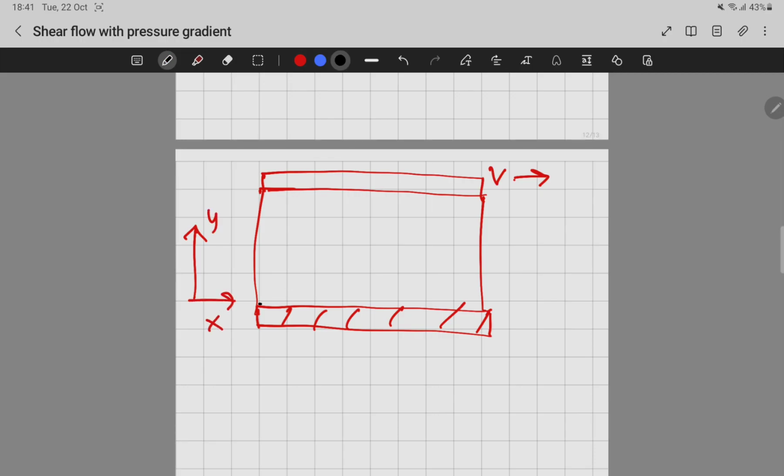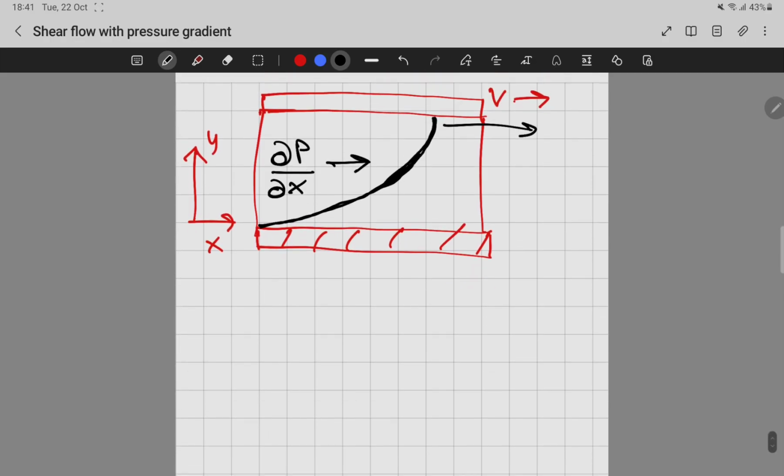So the velocity profile will look something like this, some sort of semi-parabolic. We have both effects: the drag caused by the top plate, which makes the fluid move in the x direction, but also a contribution from the pump that is pushing the fluid in the x direction. So the velocity profile will look something like this.